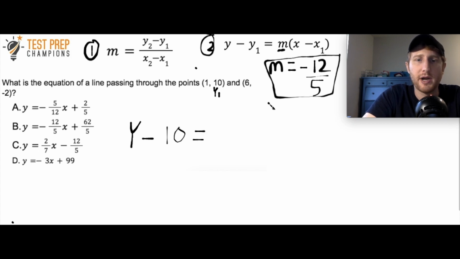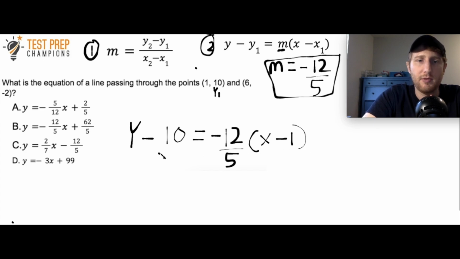And this m symbol right here, remember that means the slope. And in the first step, I just found that that is -12 over 5 times x minus x1. And so for x1, I'm going to use the same number. So my x1 is just 1. So that's easy enough. All right. So this is how we would set up the first step.